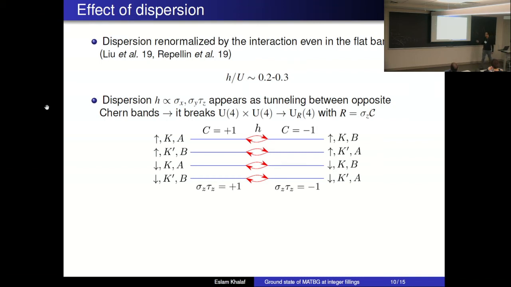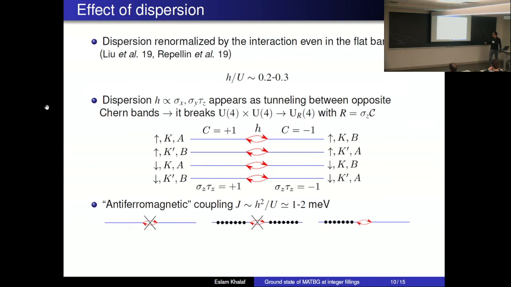And we can now understand what's the effect of this term on the energy on the manifold of low energy states. This can be understood simply by noting that if these 2 layers are full, or if these 2 layers are empty, there is no energy gain from this tunneling term. But if one is full and one is empty, we get the virtual hopping processes that gives us some type of super exchange term that's of the order of h squared over U. For the realistic parameters, when the interaction scale is around 10 to 15 MeV, this is around 1 to 2 MeV.